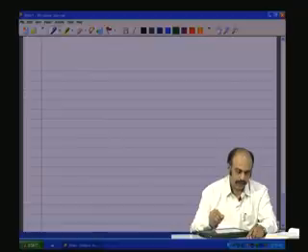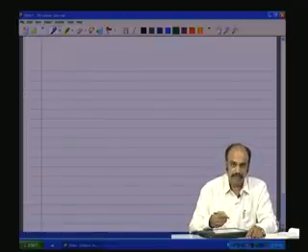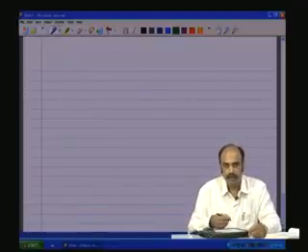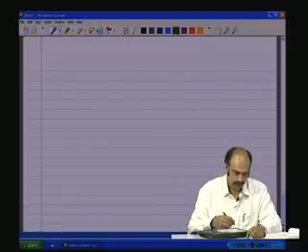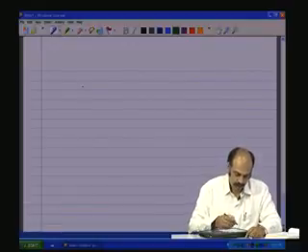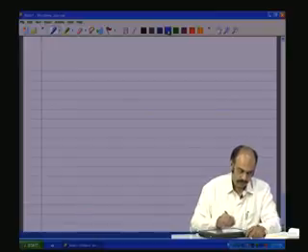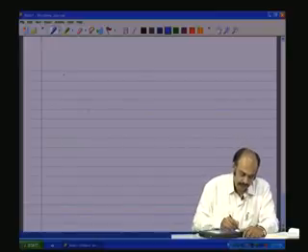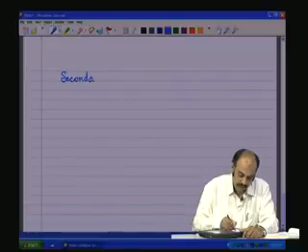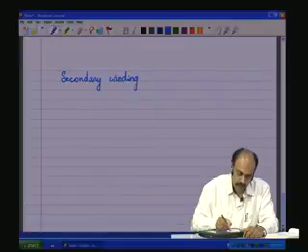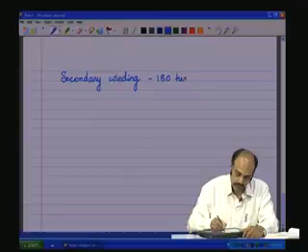Now, let us take a simple example to consolidate what we have done till now. The secondary winding of a transformer has 180 turns.